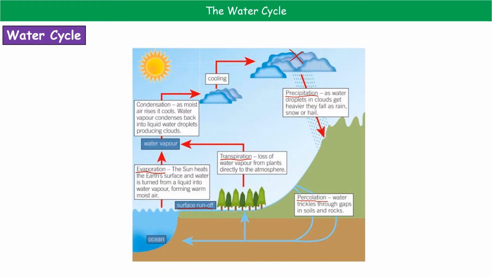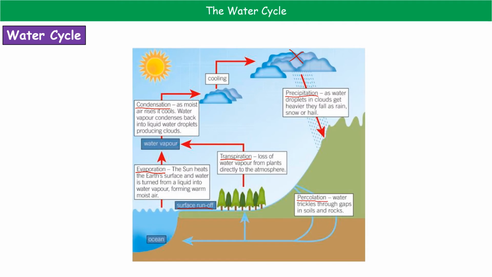As the water vapour rises, we have the process of condensation occurring, which is just as that warm air rises, it then cools, and because we're cooling, the water vapour condenses back into liquid water droplets, and that's where our clouds come from. Those clouds are then going to cool and travel, and then eventually we get back to our beginning with precipitation.